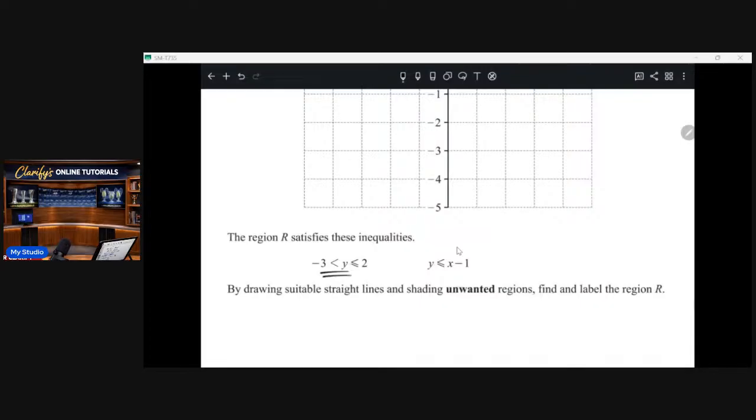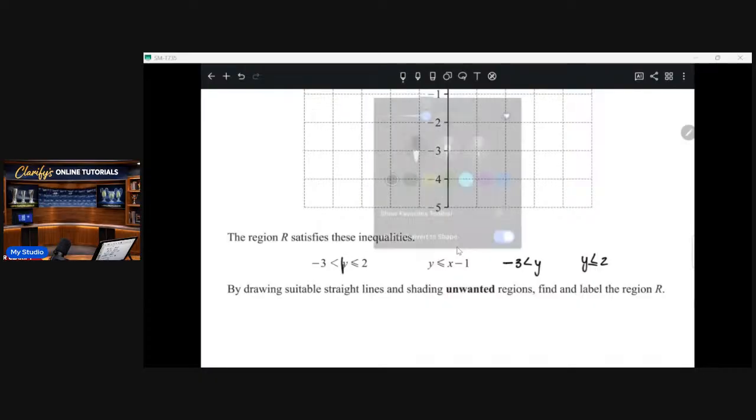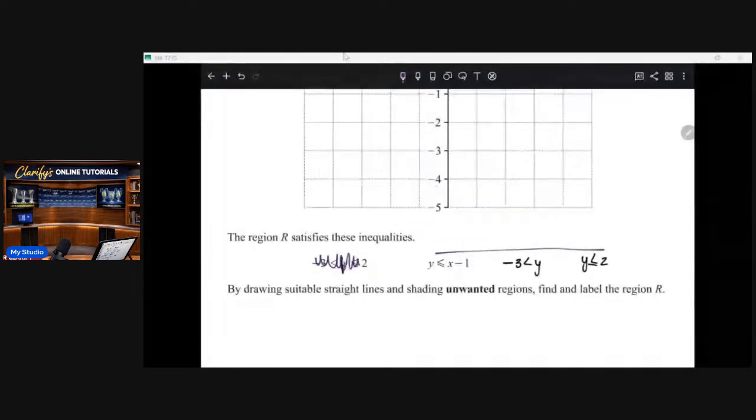So here we have -3 less than y. Then we have y less than or equal to 2. You have split it. You took y with this, then you took y with this also. Now below all your inequalities, this bad one which is there to stop you from getting your marks is out.